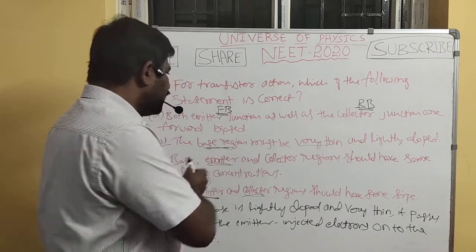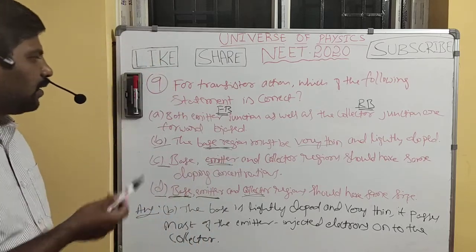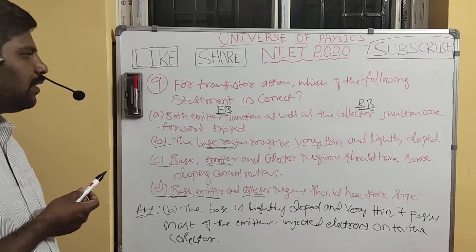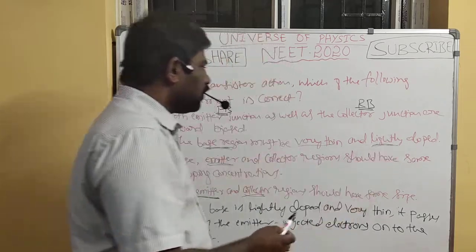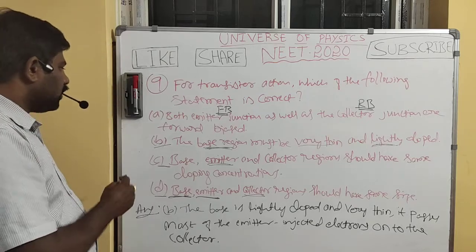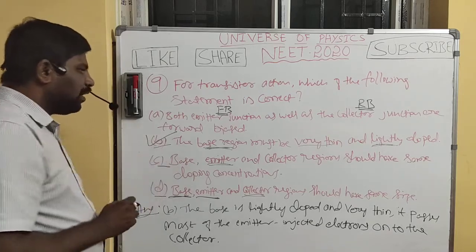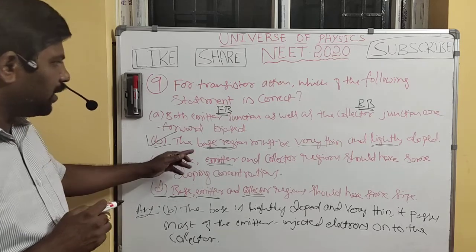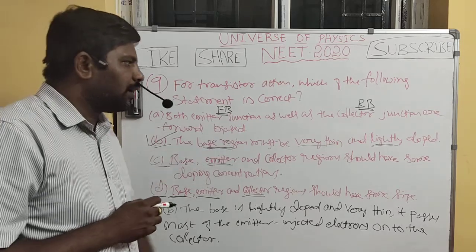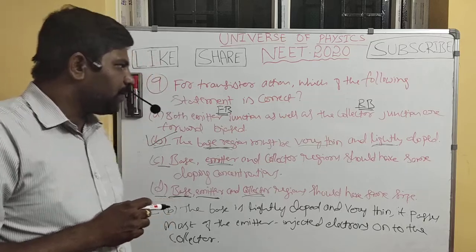For that reason, it is very thin compared to emitter and collector, and it is lightly doped. So the option B is the right response for this question, that is, the base region must be very thin and lightly doped.